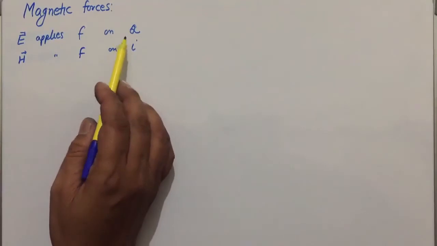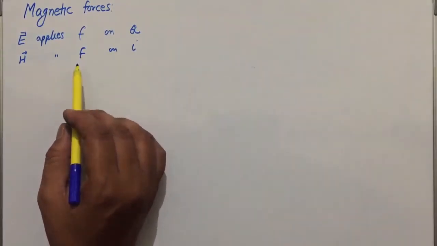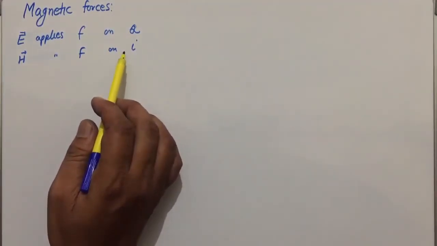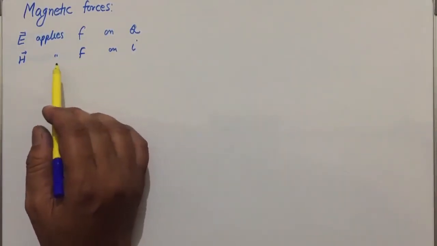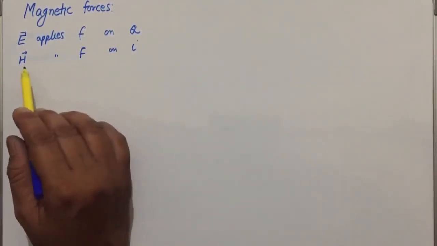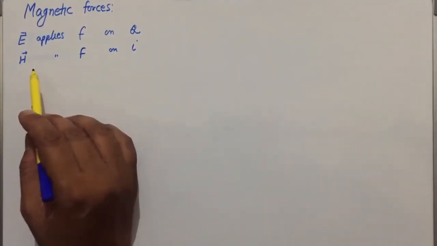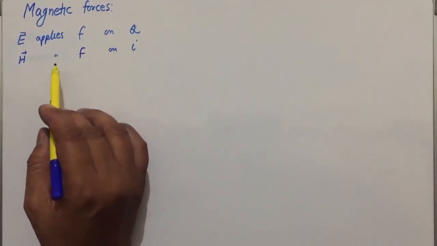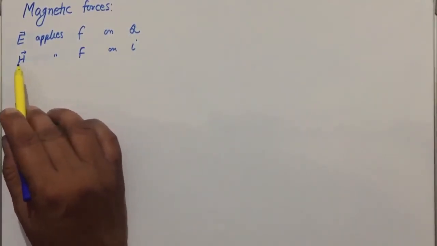And if a charge is moving in a magnetic field, then that will cause the flow of current. So due to the current, it will experience a force in the magnetic field. That is why a moving charge experiences a force inside the magnetic field.